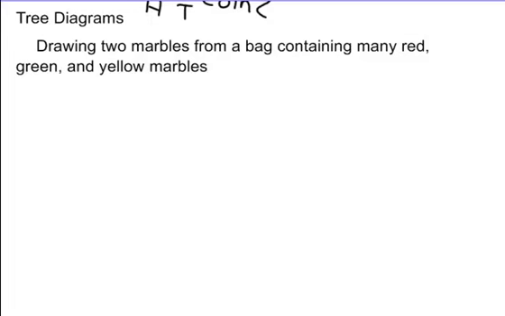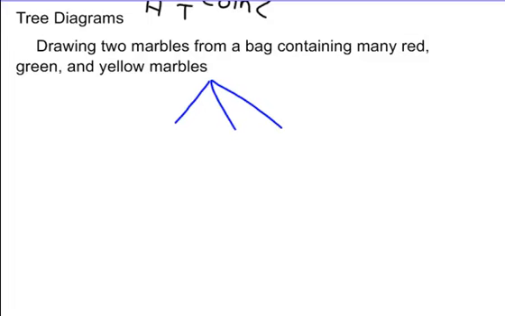Now here, it's just a little bit more basic. We have 2 marbles, and we're drawing 2 marbles from a bag containing red, green, and yellow marbles. So we start off with our bag, and we have 3 different possibilities.